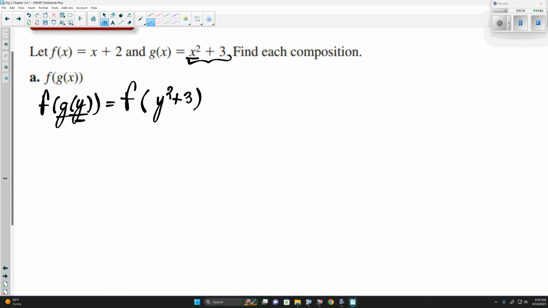Any questions on this so far? Now at this point we don't have f of x anymore. We have f of y squared plus 3. So we're going to replace this x with y squared plus 3, plus 2.